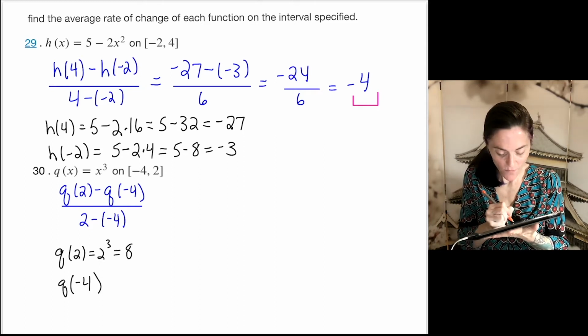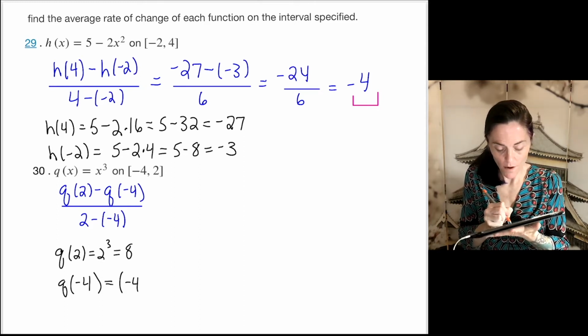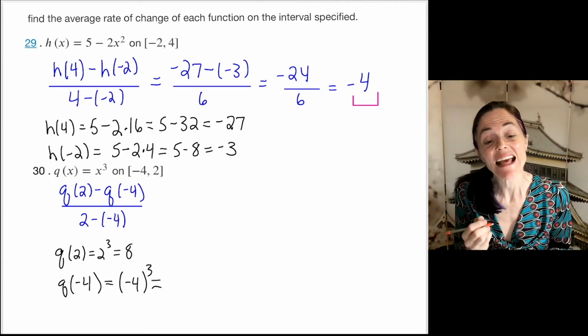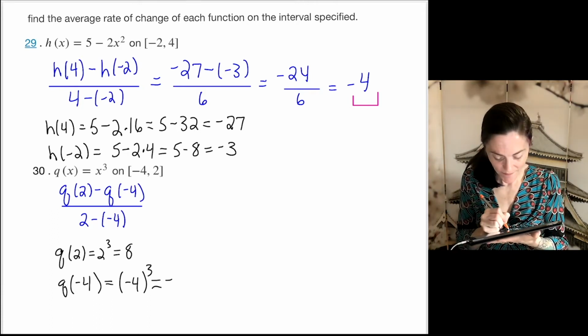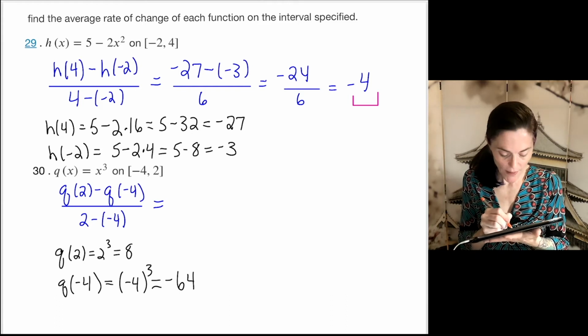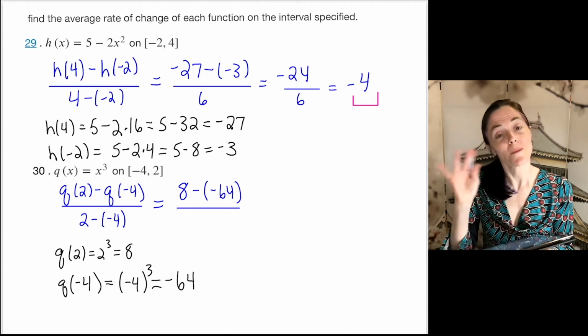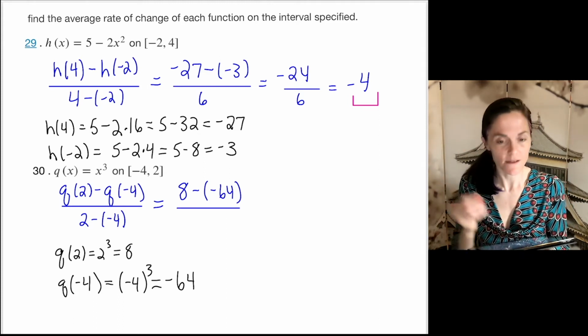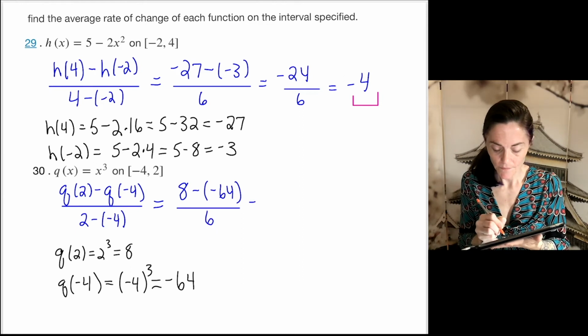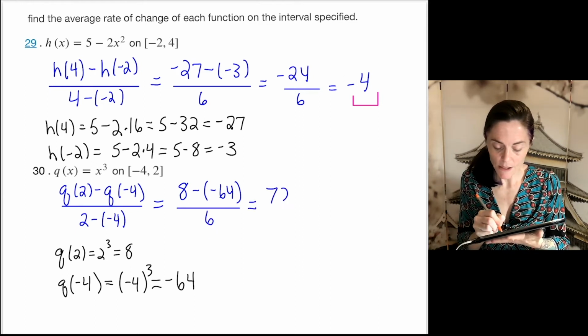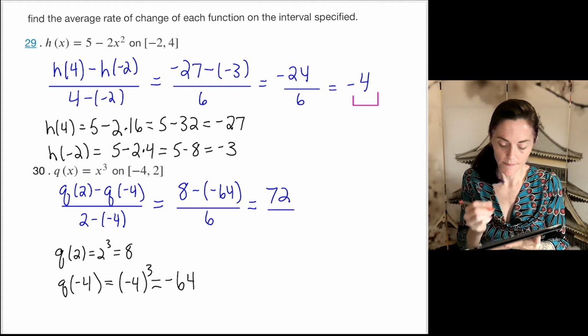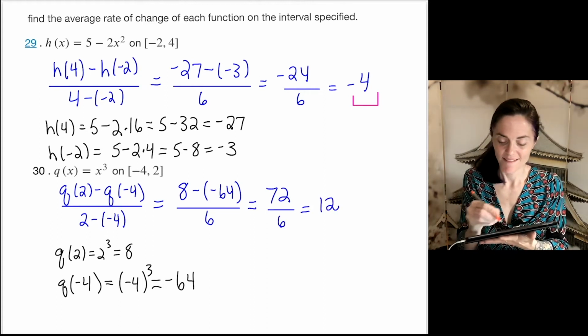Q of minus 4, this is minus 4 cubed. This is negative 64. And so we have 8 minus 64, and then divided by, well, 2 minus 4 is positive 6. You see, this is 72 over 6, which is 12.